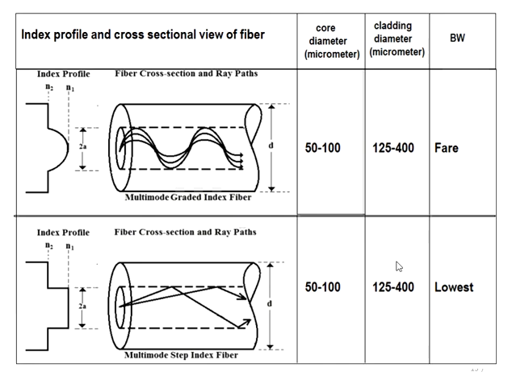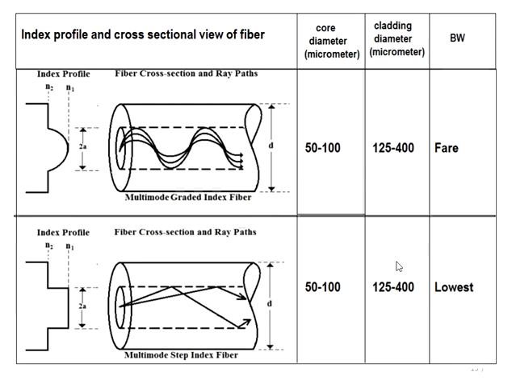In multi-mode step index fiber, the refractive index of the core is constant, so the modes will have fixed velocity, so they will reach at different times, and because of this, at the end the pulse spreading will be more, so it will reduce the bandwidth.